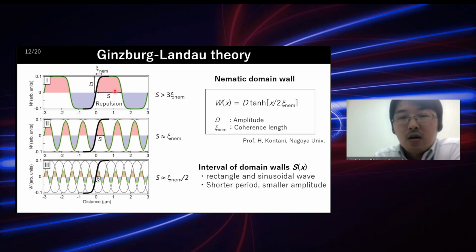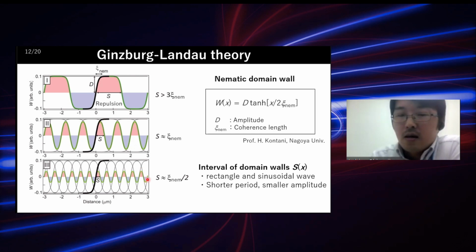If S is much larger than ξ, we will observe the rectangle shape in the LD images. And if S is comparable to ξ, the signal should be a sinusoidal wave, and we will have a very large amplitude due to the overlapping of the slopes of the domain walls.